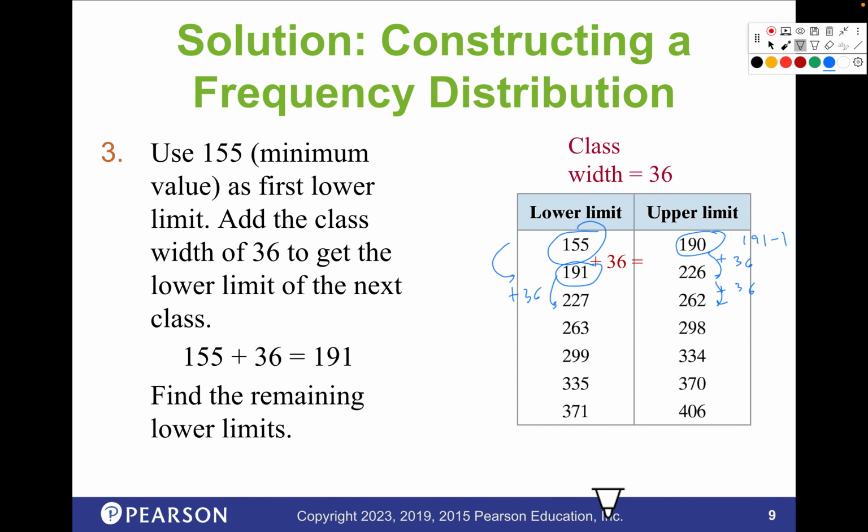When you get a little bit past the maximum, we can stop, because all the other classes would be empty. There's nothing bigger than 406. Actually, nothing bigger than 405. That's how we know when to stop, and because of the way we've done it, we also know to stop after 7 classes. Mathematically, this will always work out and include all our data.